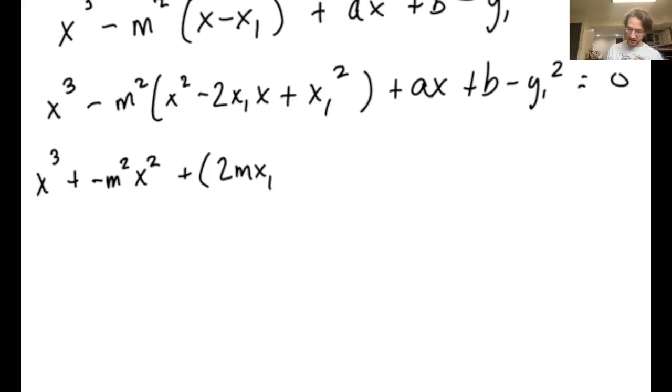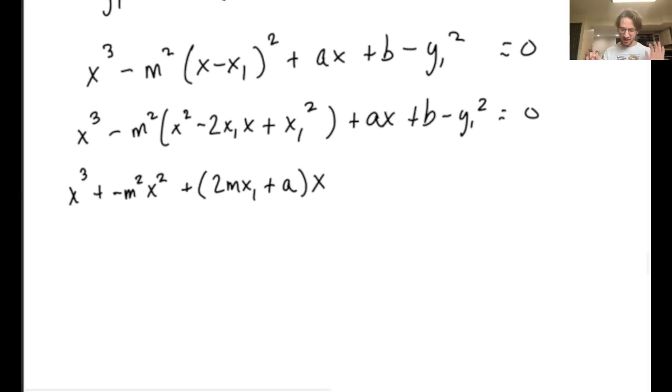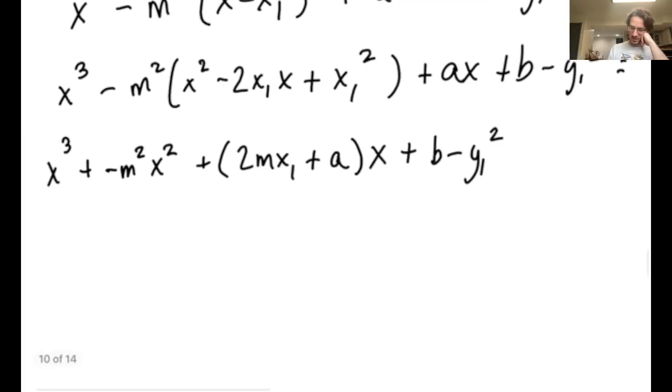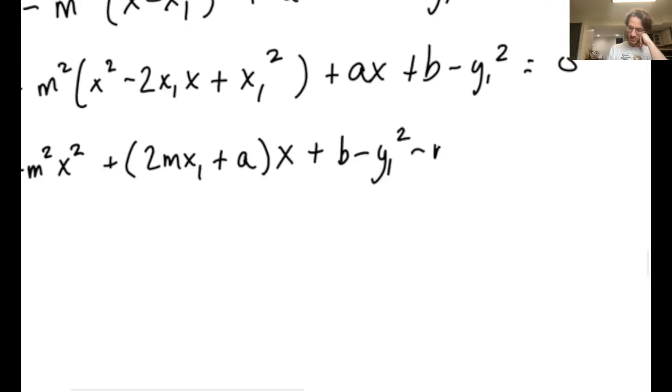And then plus a from that guy. That's the only stuff attached to an x to the first. And then finally, we've got our constant stuff: b minus y1 squared, and then minus m squared x1 squared.